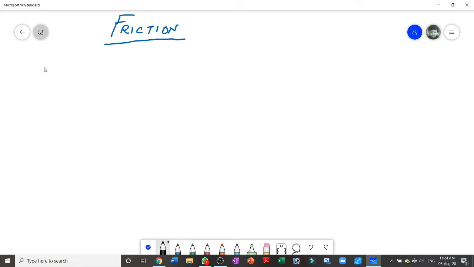Okay, now we will see what is friction. What is friction? It is a force. Actually it is a force which opposes the relative motion.